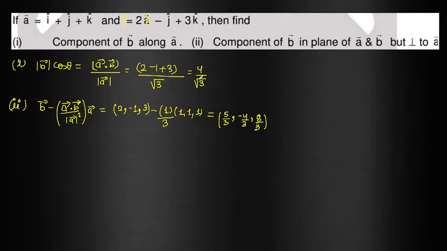Now the component of B vector in the plane of A and B vector, which is perpendicular to A. So we can say that B vector is lambda times A vector plus mu times B vector.